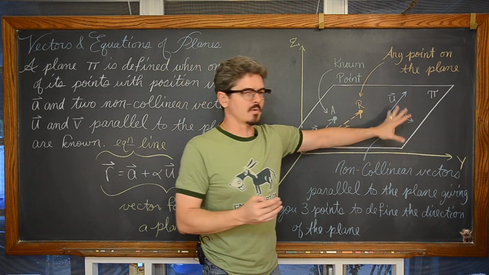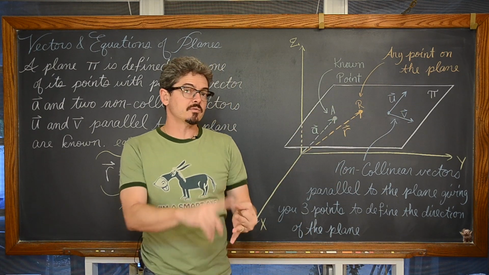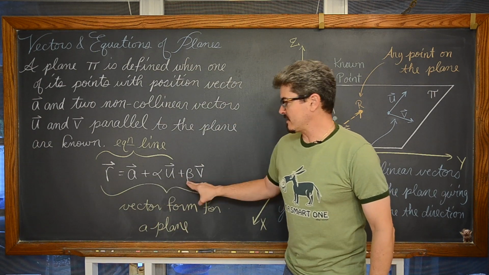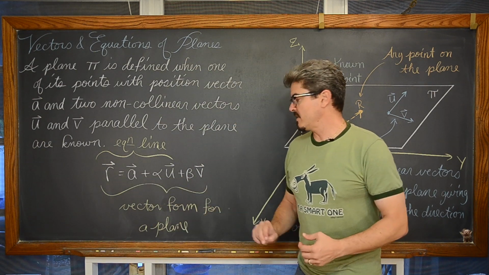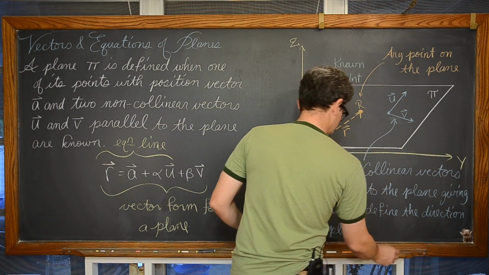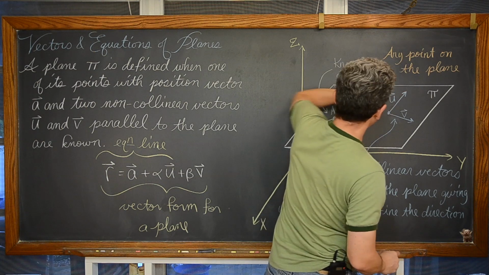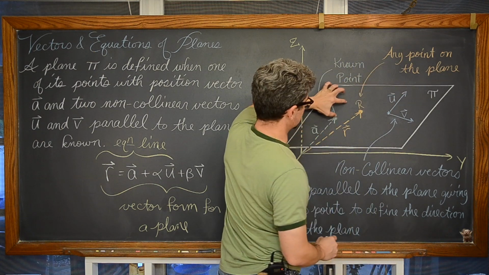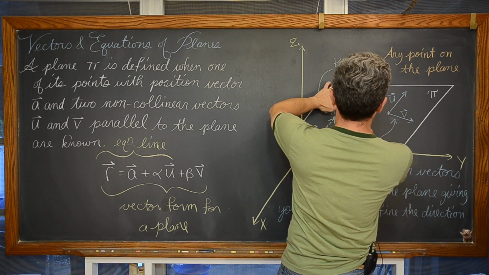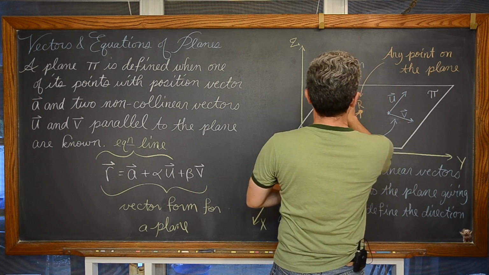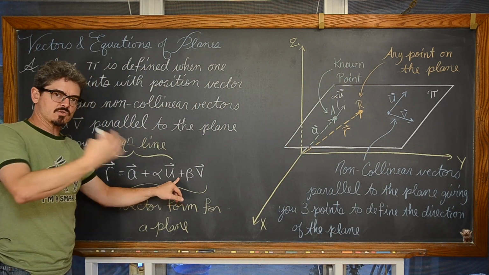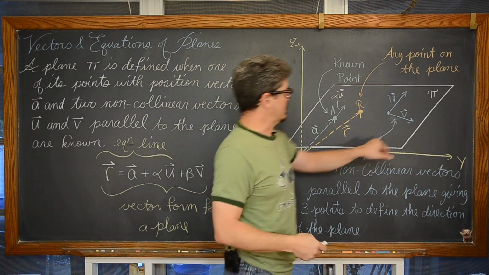Well, if I just move these around, because vectors are defined by direction and magnitude, not by initial point, and we have scalar multiples on our vectors in our vector form for the equation of a plane, I could say, well, maybe we need to make vector u a little bit shorter, but in that same direction, reduce it with a little scalar multiple. And add that through that triangular method of adding vectors we talked about in an earlier lesson.